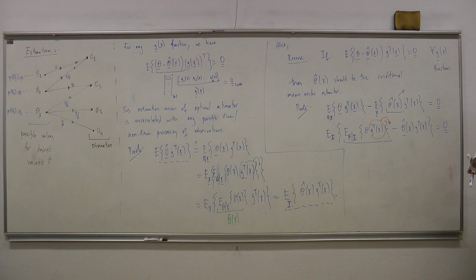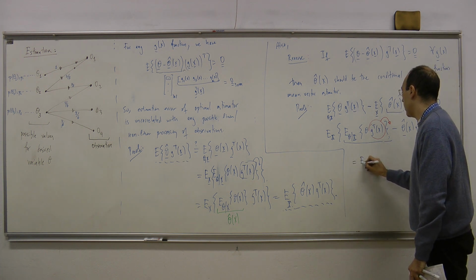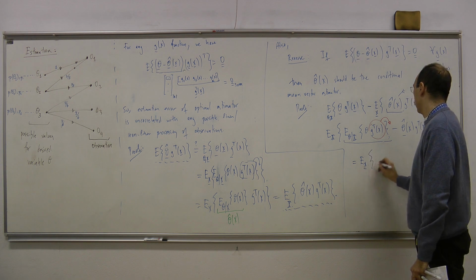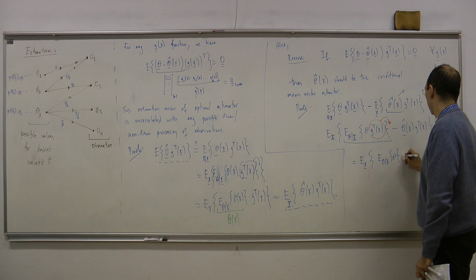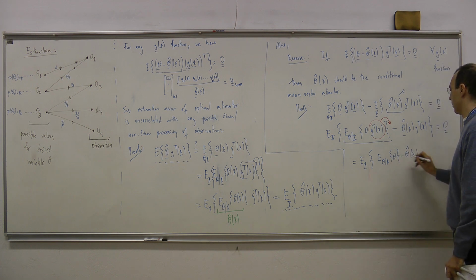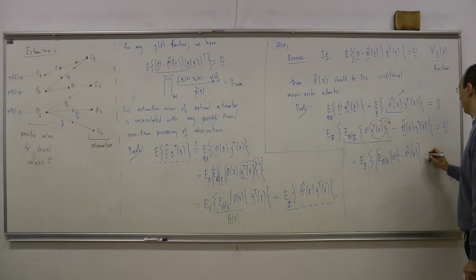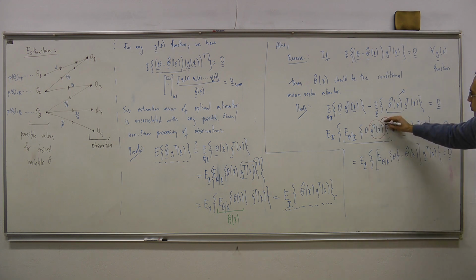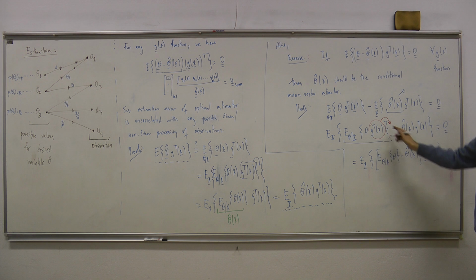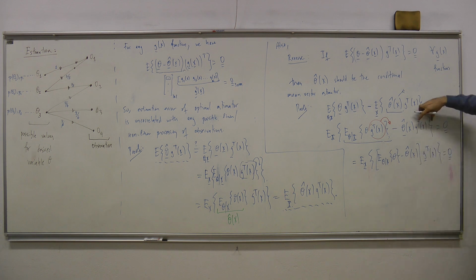If I take that one out, I end up with the expected value of x, am I right? This is the zero matrix, because I can take this one out.